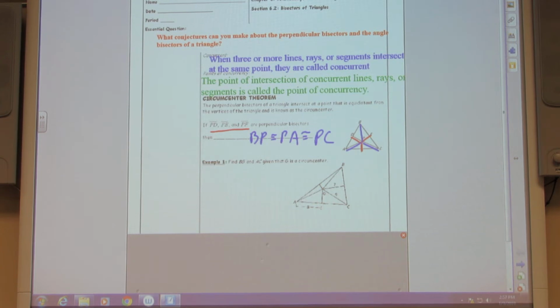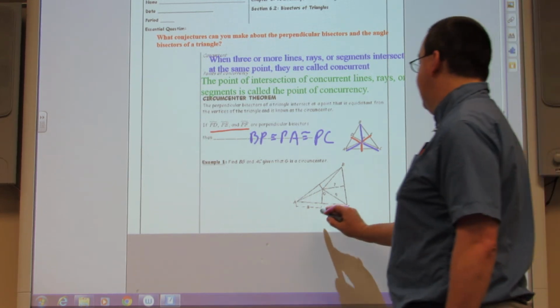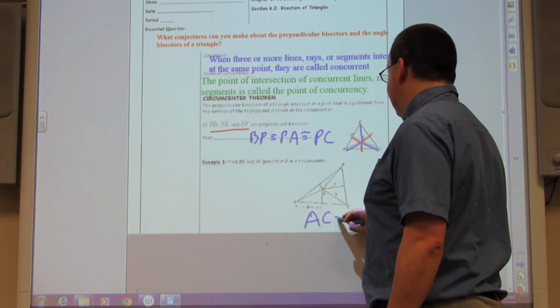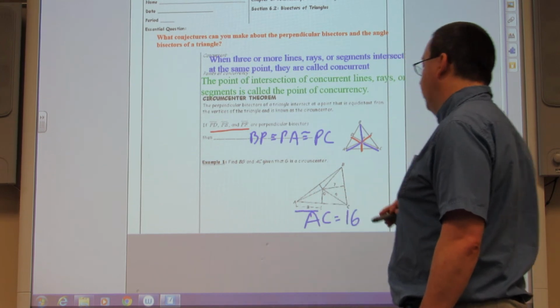This lets me solve a couple things. So when we're looking at the next problem, it asks us for BG and AC. AC is on the outside, so the line that hits in the middle of it cuts it in half. So AC is 16 based on that 8.